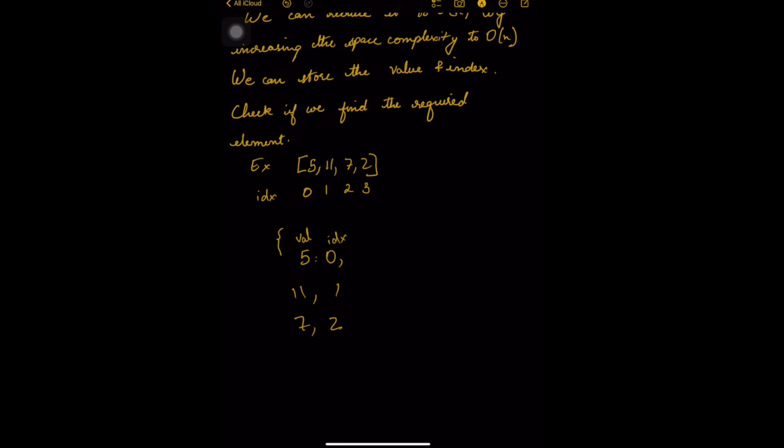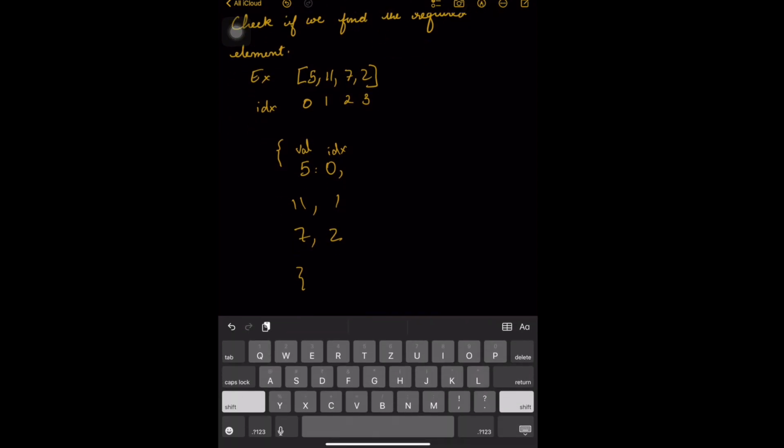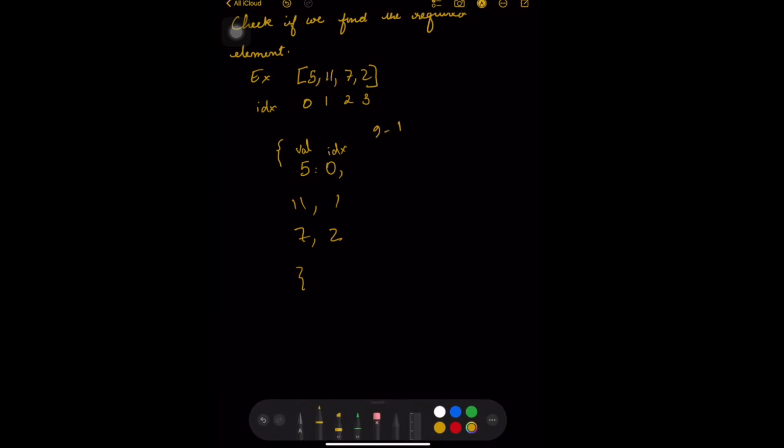Every time we iterate, we check, okay, now what's the target? The target here is 9 minus 5. Is 9 minus 5 in map when you are at 5? No, you move ahead. Is 9 minus 11 in map?